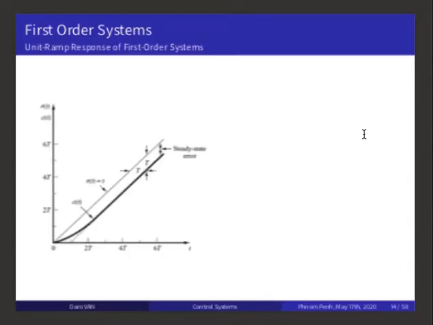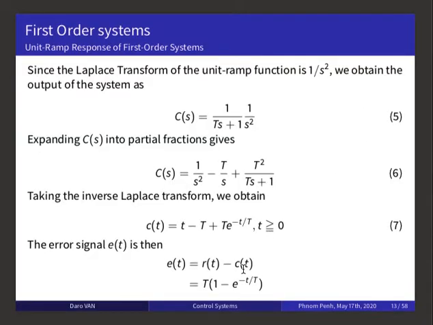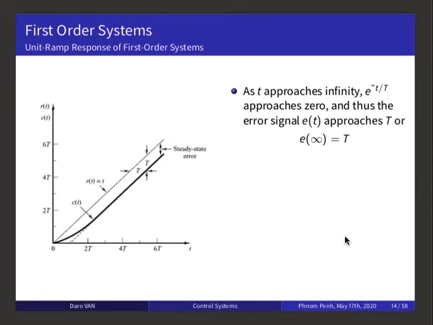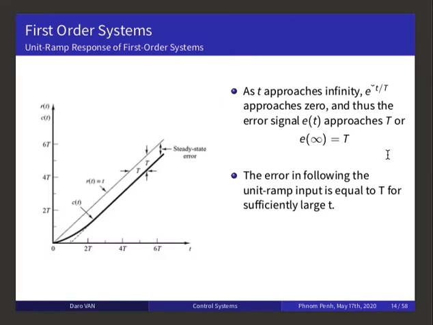So the error signal et will be equal to only T. So e of infinity equals T. There will always be a steady state error.